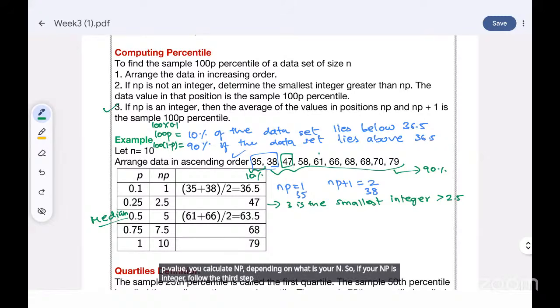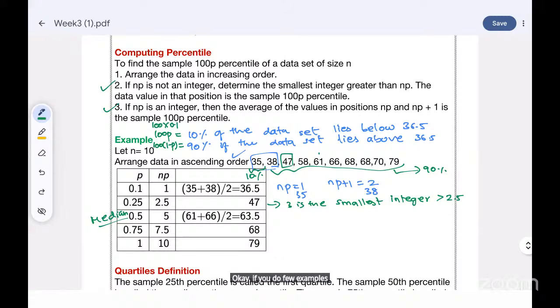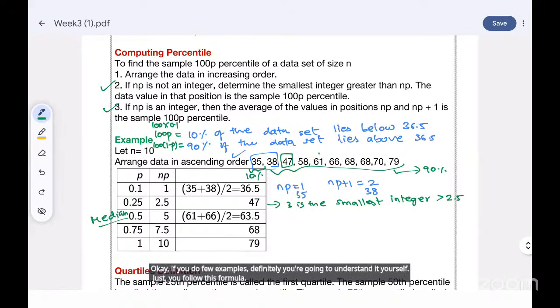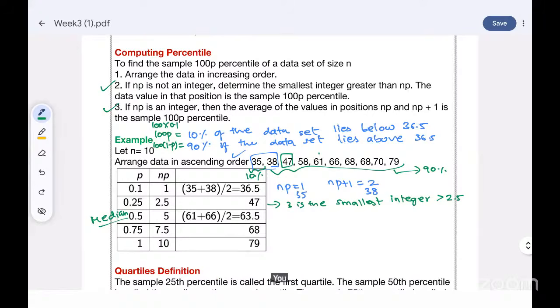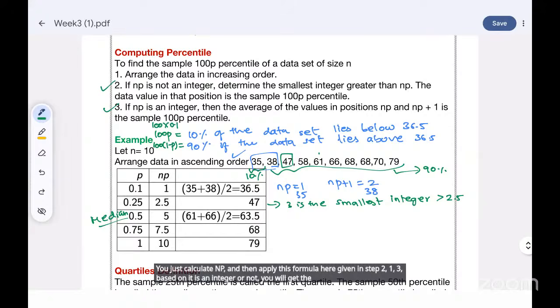If np is not an integer, follow the second step. That's all. There is nothing much to worry about. If you do a few examples, you will understand it yourself. Just follow this formula: calculate np and then apply the formula given in step 2 or 3 based on whether it is an integer or not, and you will get the answer.